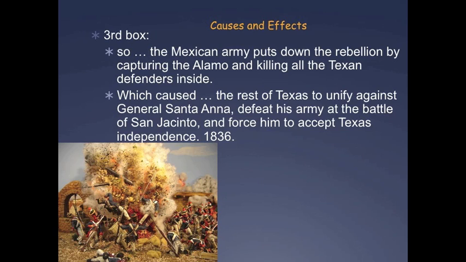Eventually, this allows Sam Houston to take over the Texan army, and he unifies them, and he eventually will defeat Santa Anna and his army at the Battle of San Jacinto. And he forces him to accept Texas independence in 1836.